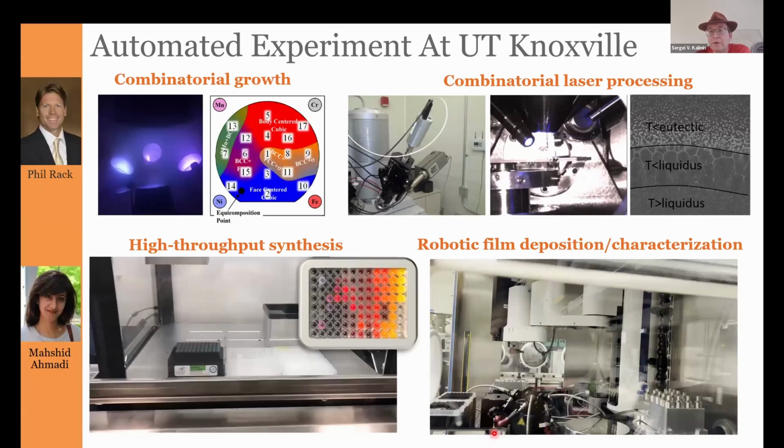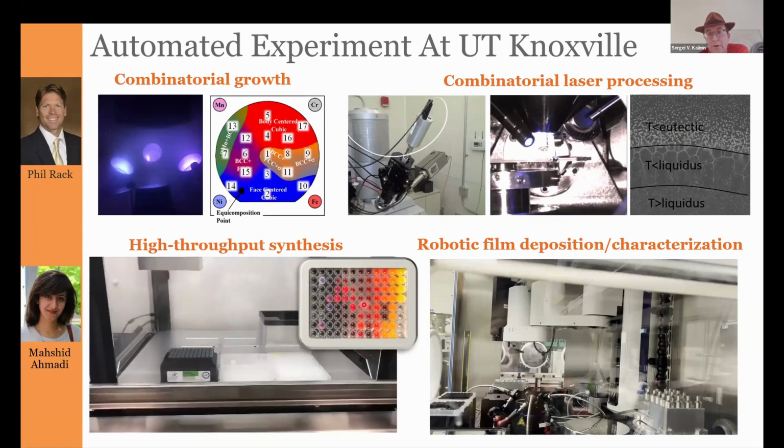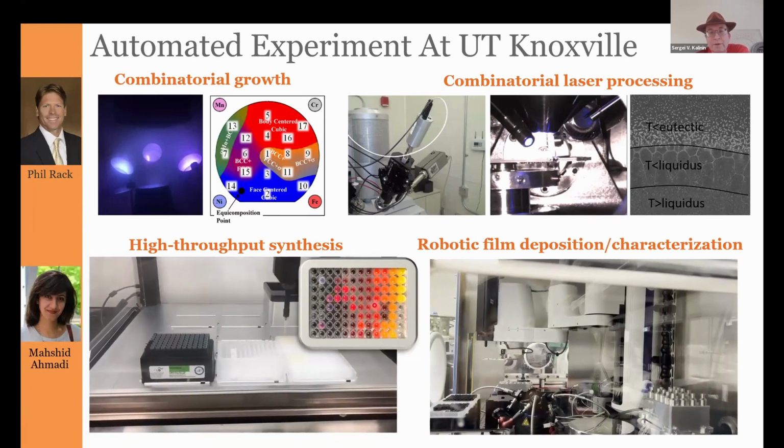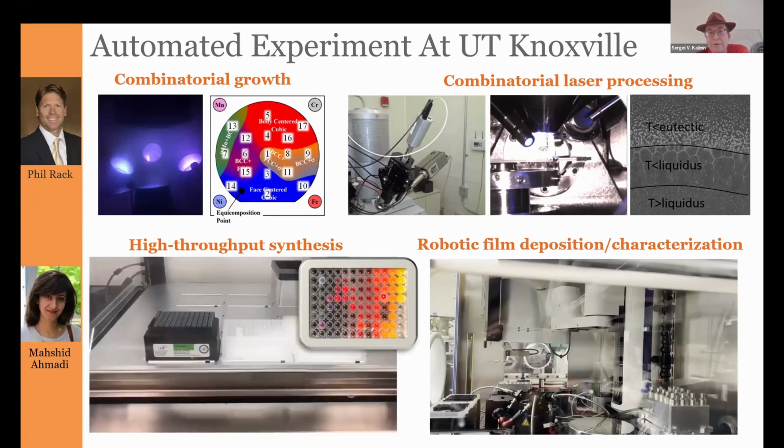When I joined the University of Tennessee about 2 years ago, it already had a pretty established foundation in high throughput synthesis. Some of my colleagues worked on combinatorial synthesis for more than 15 years, including classical combi growth and combinatorial laser processing. The University of Tennessee was one of the first places in the US to start a high throughput synthesis lab, in 2019.